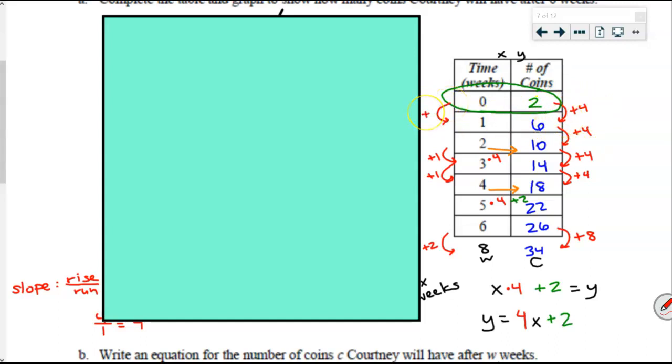Because 1 week passed. Why did I add 4 here? Because 1 week passed. Why did I add 8 here instead of 4? We had this nice pattern where it was never changing until it did. Why am I adding 8 here? Talk at your tables. There's not enough hands.